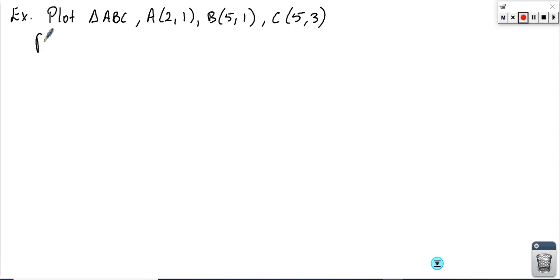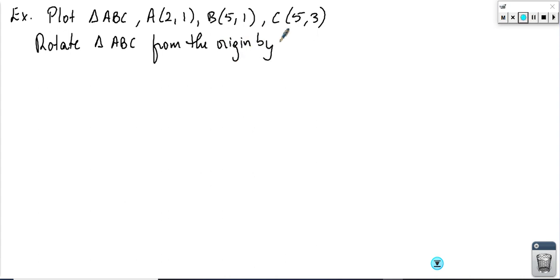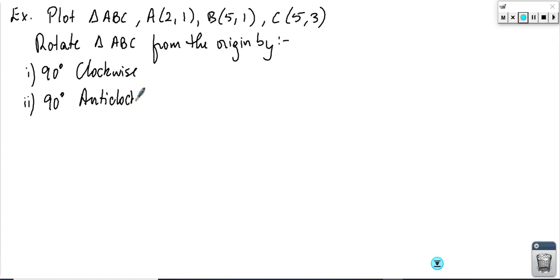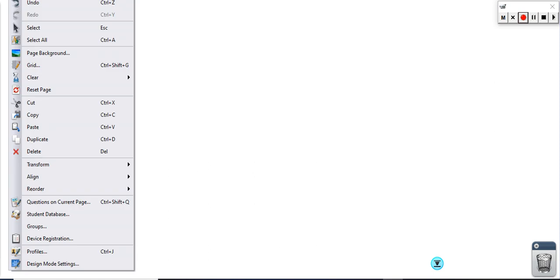We're going to rotate triangle ABC from the origin by number one, 90 degrees clockwise. Number two, 90 degrees anti-clockwise. And number three, by 180 degrees. Okay, so I'm going to plot the triangle, and then we're going to do the three rotations.